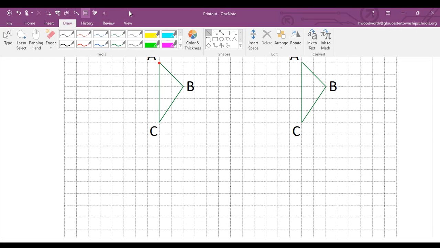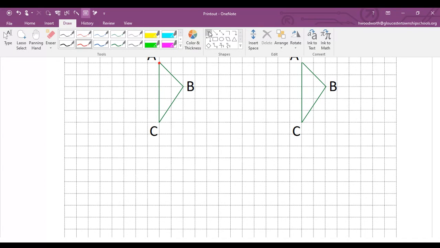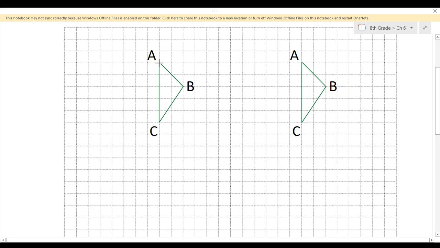The key is, let's start with C since that's the simple one, and we will just count up how far it is away from the center of dilation. It's 1, 2, 3, 4, 5. So how far is it going to be after a scale factor of 2? 5 times 2 is 10. So there's 5 to C, and then we need 1, 2, 3, 4, 5 more.